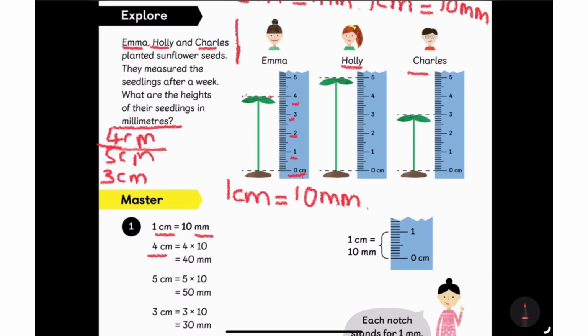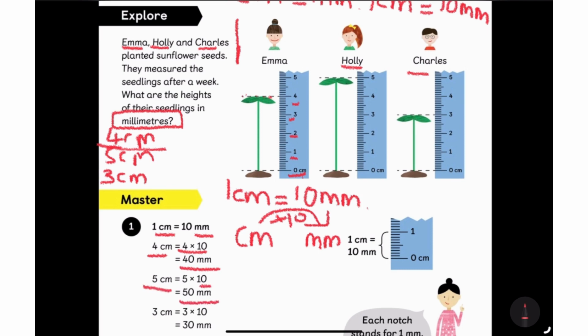In order to convert centimeters to millimeters, I multiply by 10. The key is important. So 4 times 10 gives me 40 millimeters. 5 centimeters times 10 is 50 millimeters, and 3 centimeters equals 3 times 10, which is 30 millimeters.